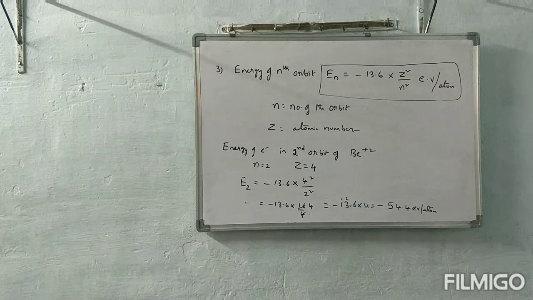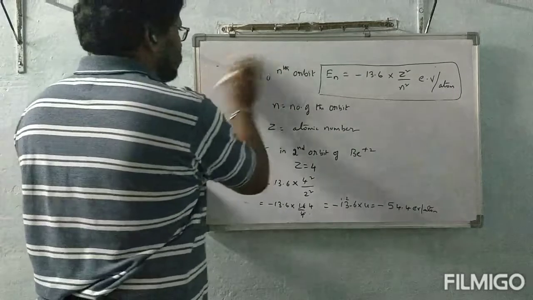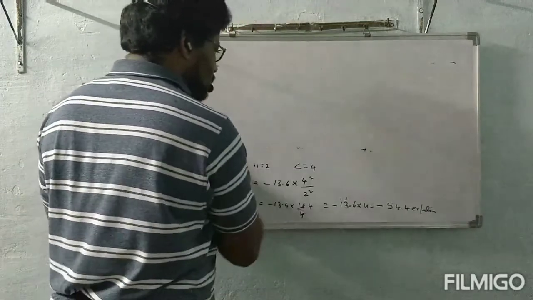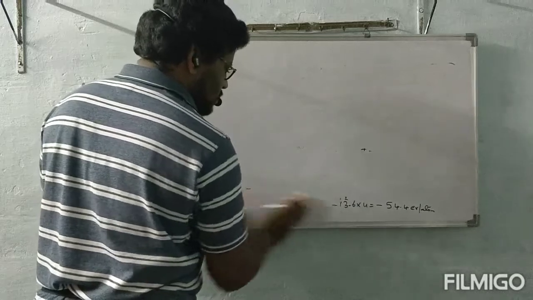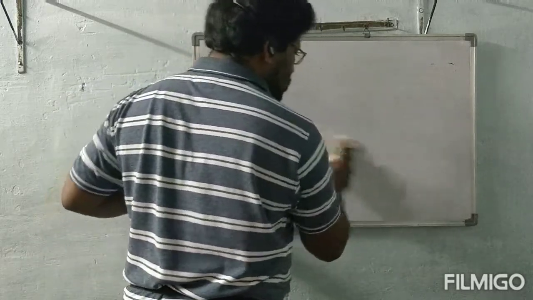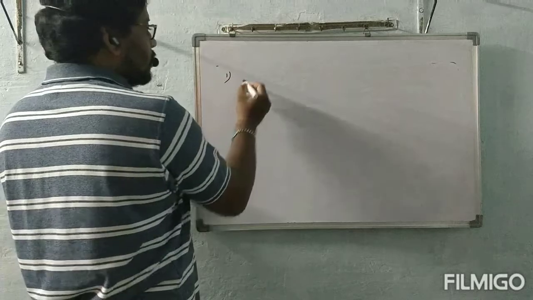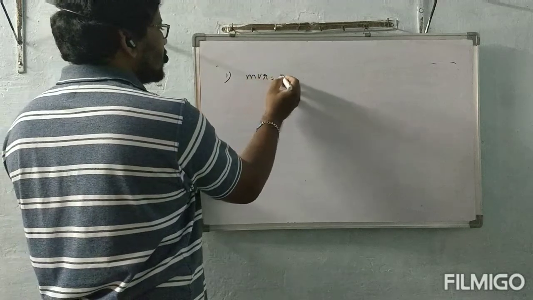Now, what are the successful explanations given by Niels Bohr? Once again I am writing now. First one, MVR is equal to nh by 2 pi.